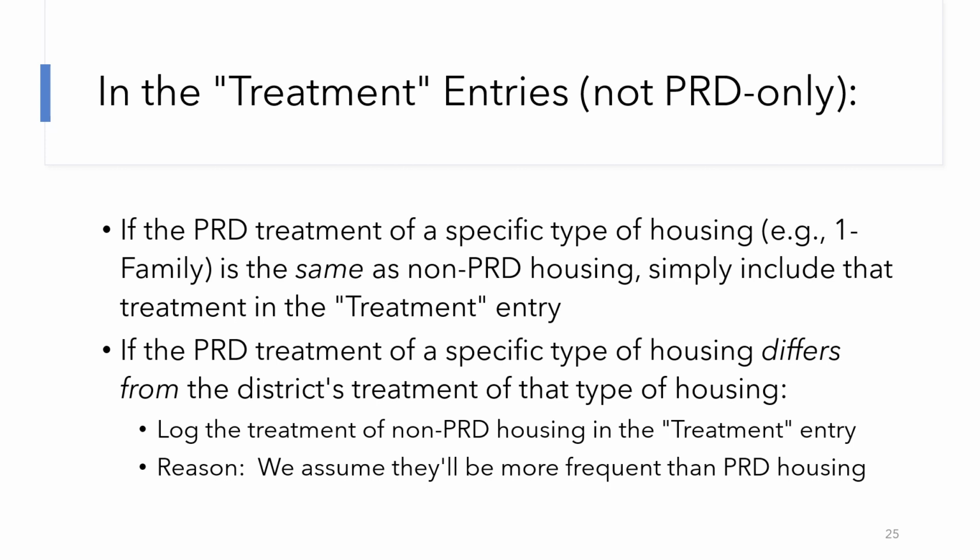In our early example, if you have one-family homes in the PRD that require a public hearing, and you have one-family homes outside of a PRD that do not require the public hearing, you would enter allowed/conditional in the one-family treatment field. You will then enter a note in the Visible Atlas notes to convey that the one-family housing in a PRD is only permitted by a public hearing.